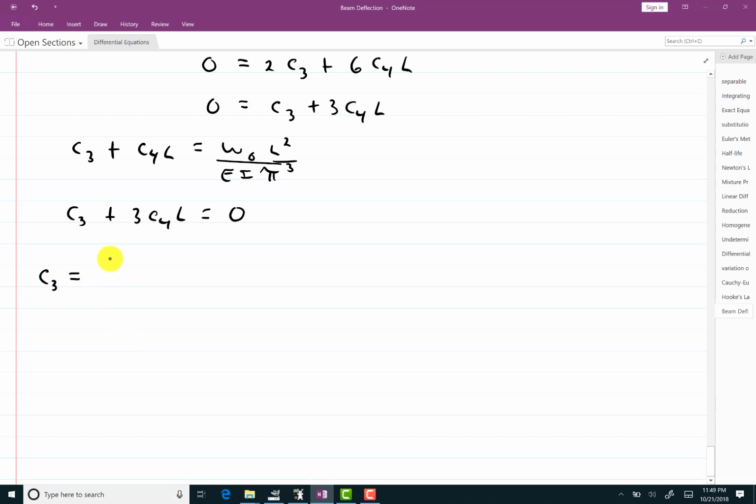Cramer's rule. So if you remember, if I want C3, I need to replace that column with the result column. So W naught L squared over EI pi cubed. I'm going to need a bigger one of these. And then here I'm going to have L and 3L. And we're going to divide by the coefficient matrix, which will be 1, L, 1, 3L.